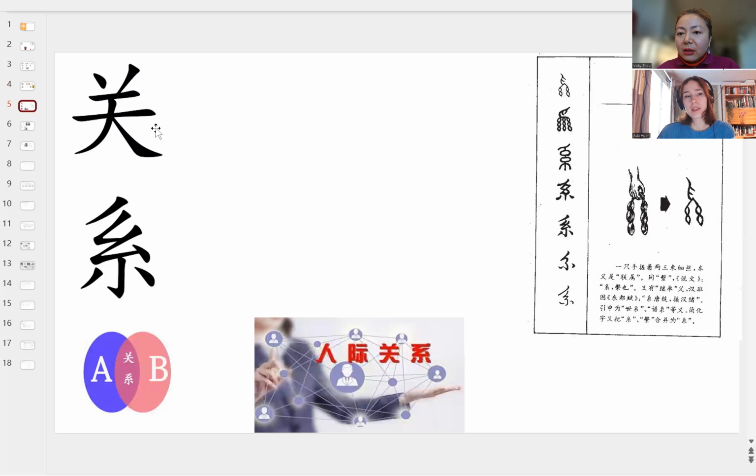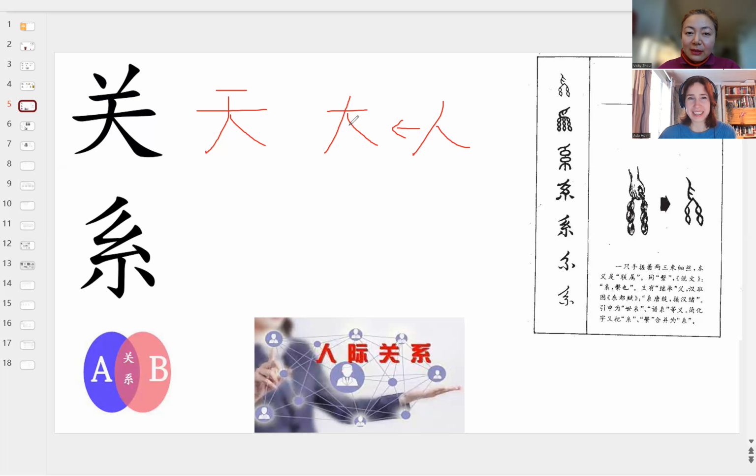First, let's take a look at the first one, this one. Very familiar, but now I forgot which one. This one I think you know. It's 人. 是的, and this one you know.